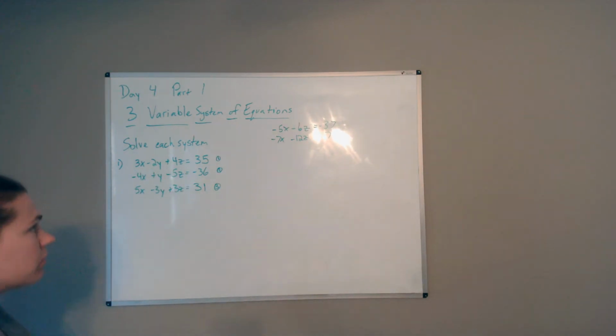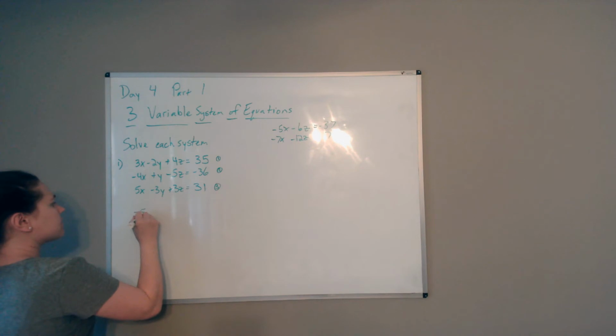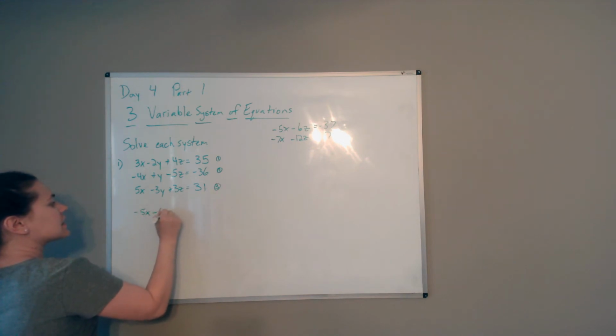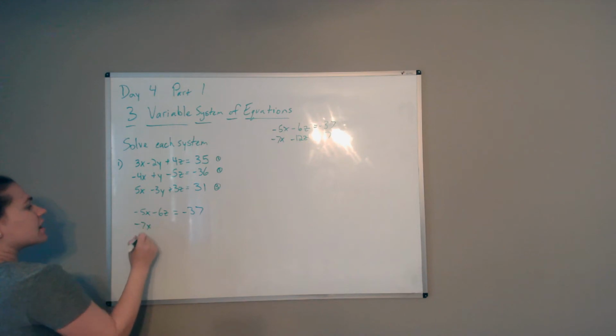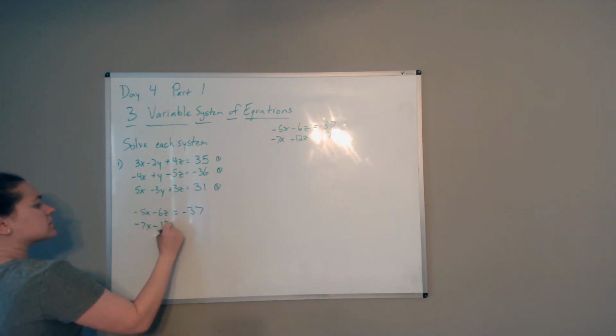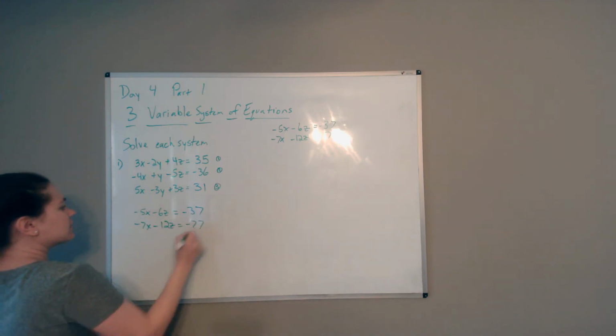And so now we have negative 5x minus 6z equals negative 37. Negative 7x minus 12z equals negative 77.